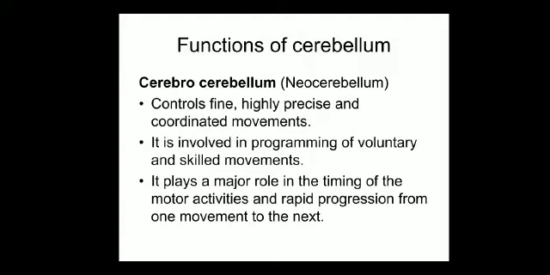That is, once the movement is initiated in the cerebral cortex, it sends a copy. Cerebral cortex in the sense motor cortex, supplementary motor cortex and then somatosensory area as well, so that the movement will be initiated there.